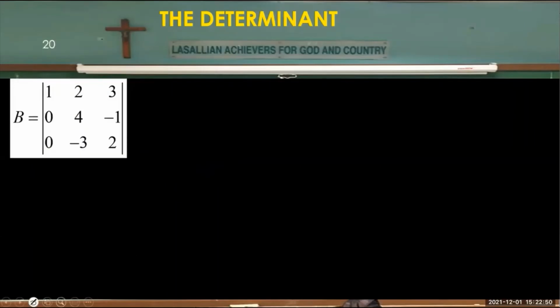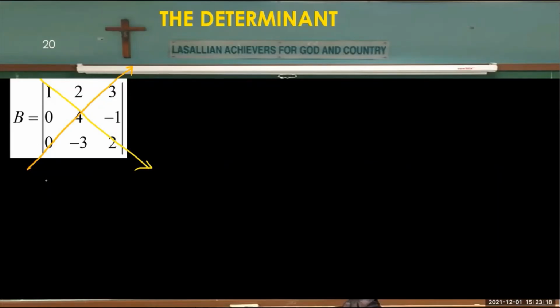The problem with the 3 by 3 matrix is that if I pass a line here to represent the primary diagonal, and then another diagonal to represent the secondary diagonal, this does not cover all the numbers. For determinant to work, all the numbers have to be covered.